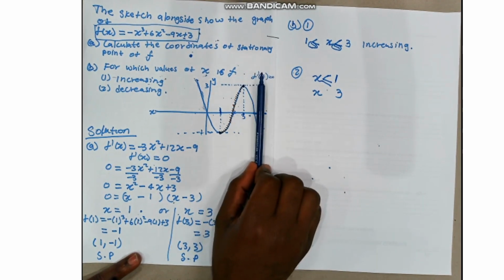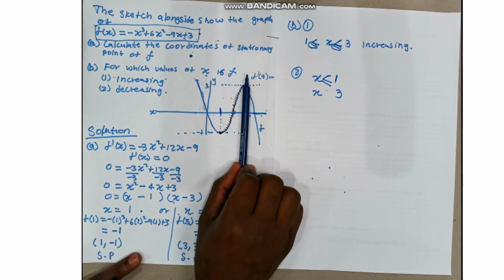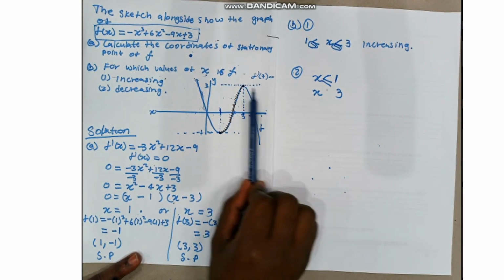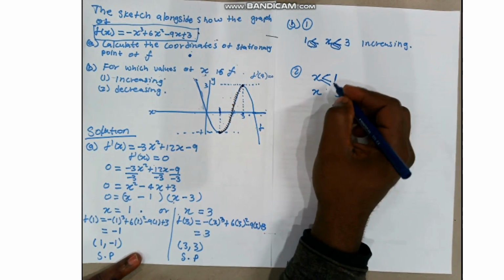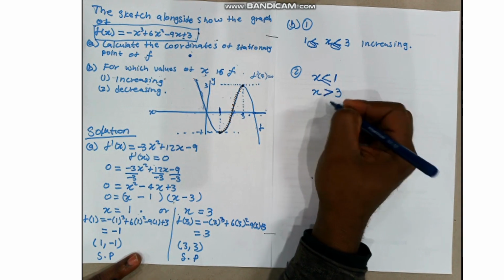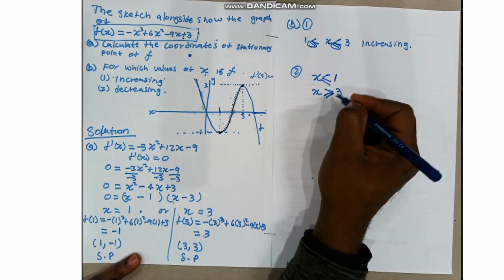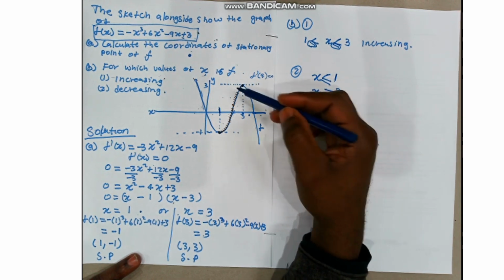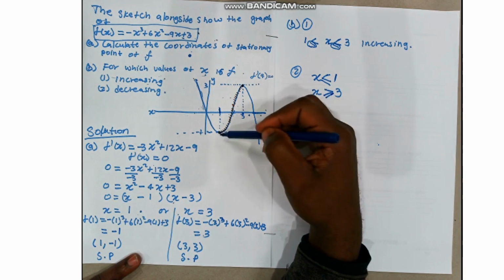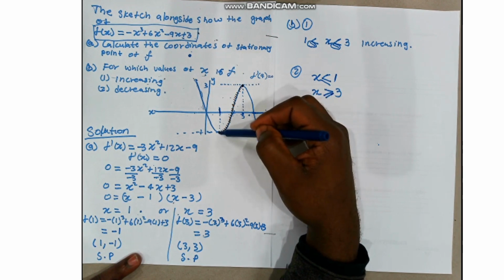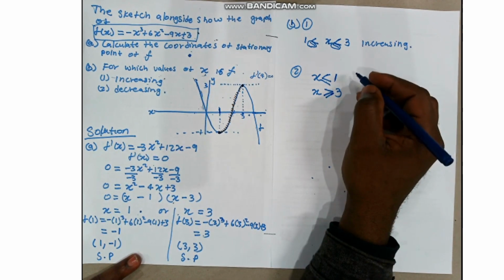So our values of x are on this side of 3, and then going to this side 3, 4, 5, 6, 7, 8 are bigger than 3. 3 is less than x, or greater or equal to it, because we include the decreasing part starting from 3. So we do include 3, and also the decreasing part here ends at 1. That's why we also include 1.